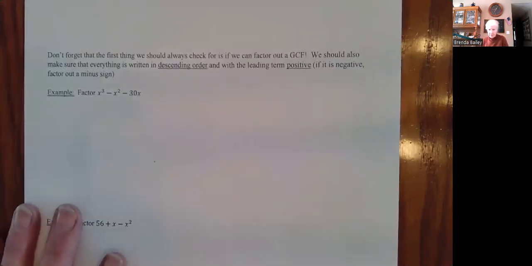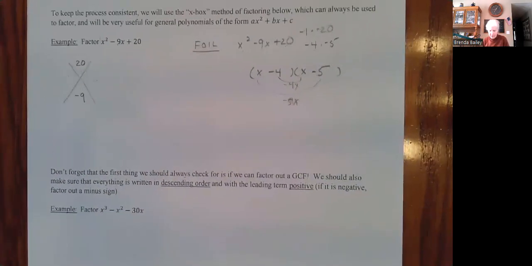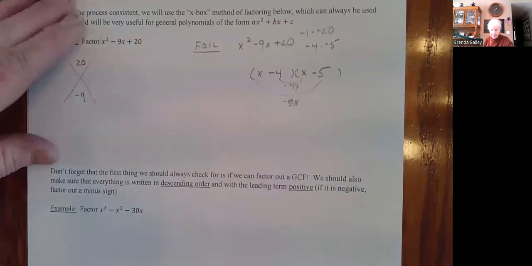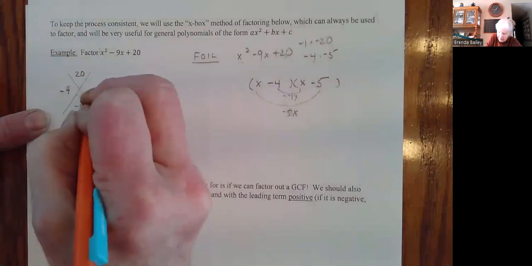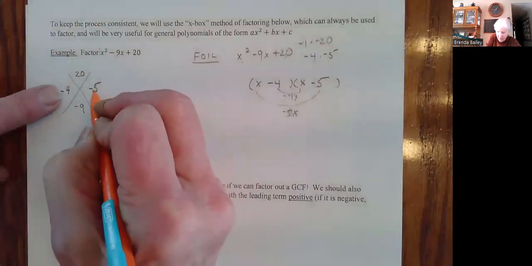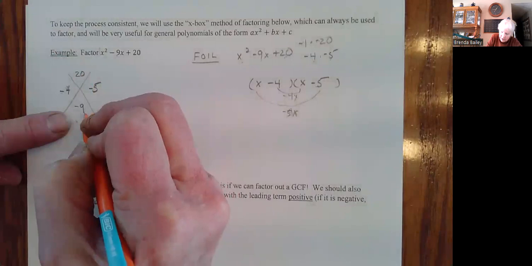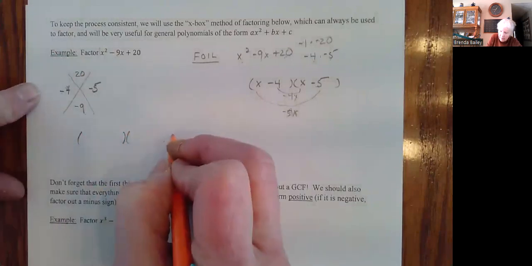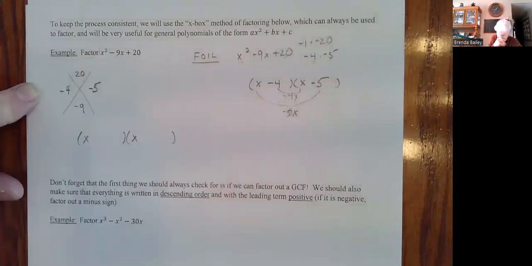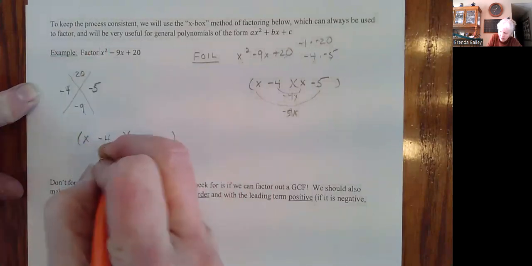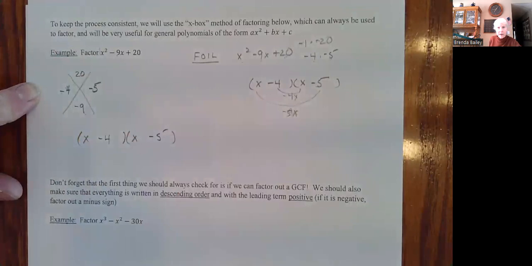Bummer. So on this one, if we were to use the Xbox method, we know we're going to have a -4 and a -5 multiplied together, give you that, added, give you this. So then when we set these up, it's just 1x and 1x. You have a 1 in front. And then -4, -5. Okay.